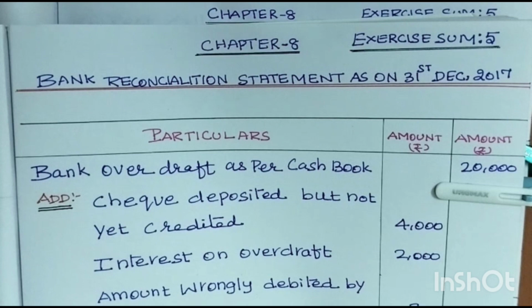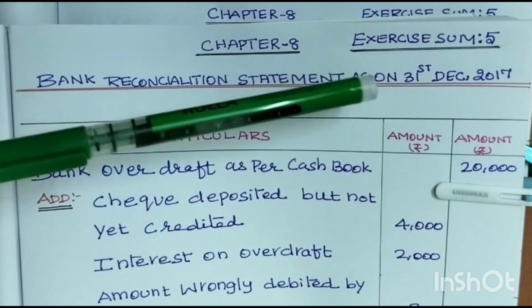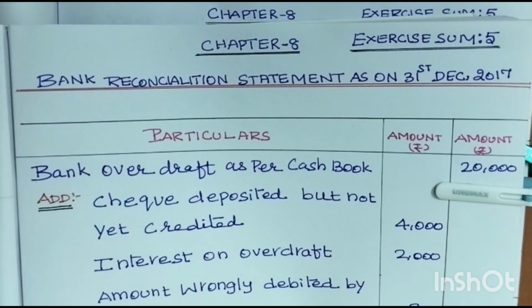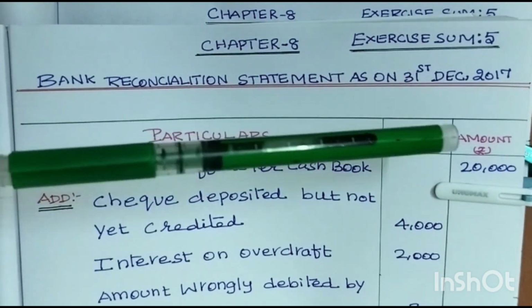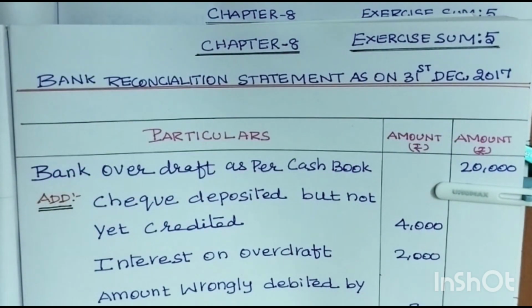Before we enter the transactions into the bank reconciliation statement, we need to prepare the format of the bank reconciliation statement. So write the bank reconciliation statement dated 31st December 2017 as given in the question, and you know 3 columns are there: particular column, inner amount column and outer amount column. You need to write the balances as per the question.